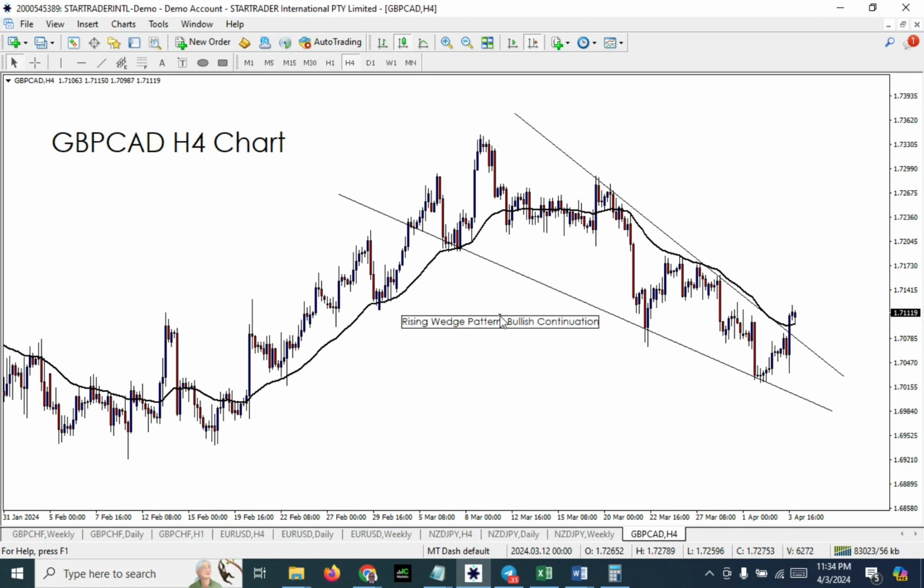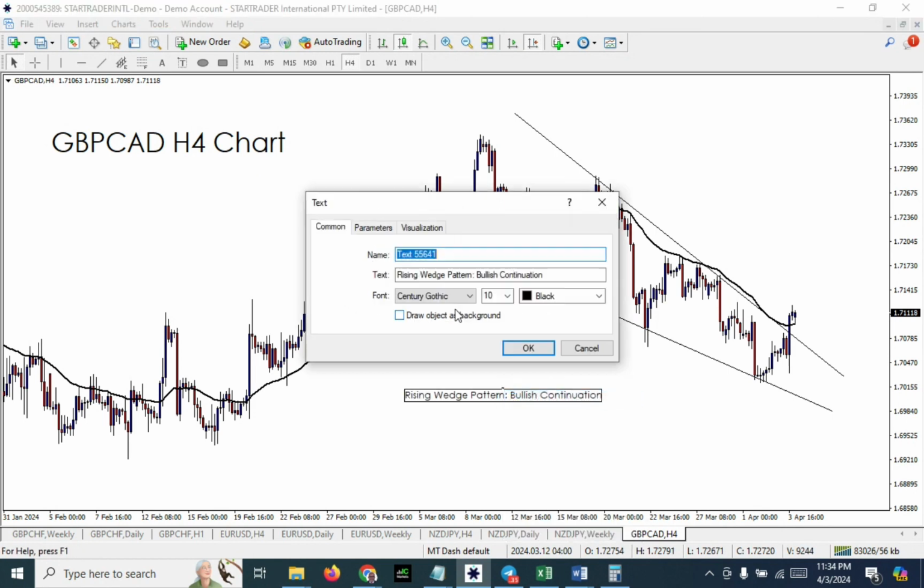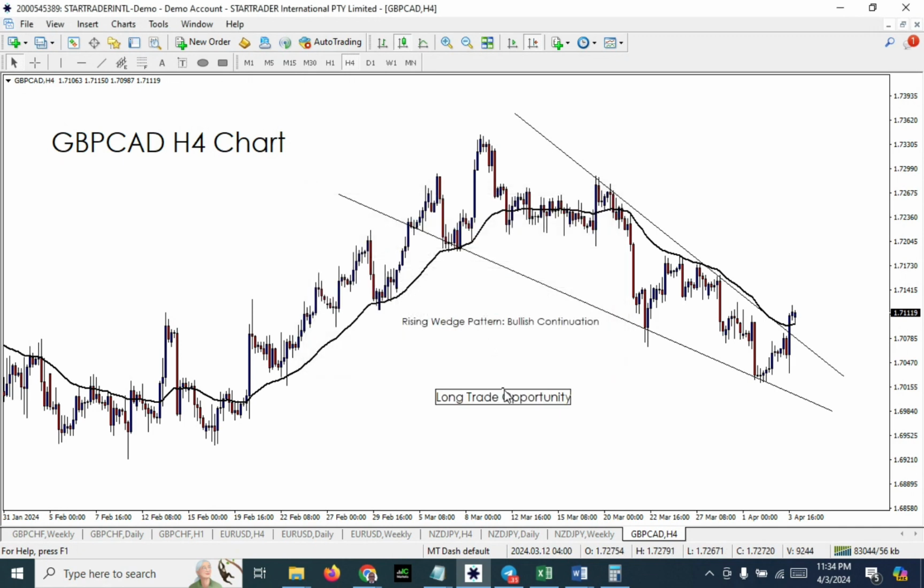So what am I expecting? What am I looking out for here? I'm looking out for a buy trade opportunity. Let's say long trade opportunity. That's what I'm looking out for.